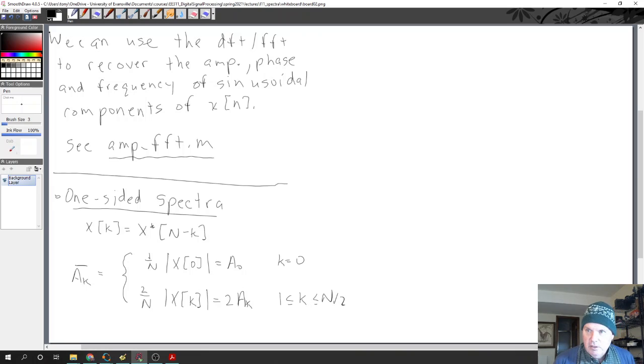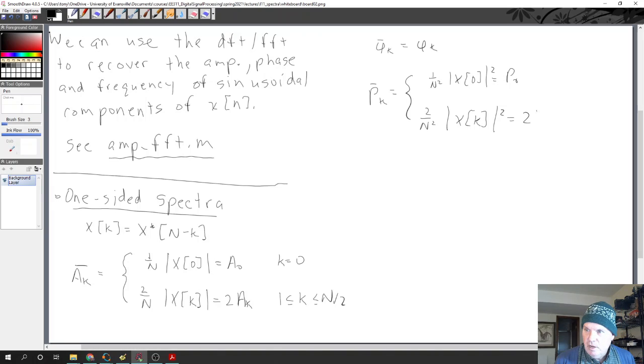Okay. Similarly, the phase angle spectrum for the one-sided spectrum is the same as the two-sided spectra. The powers are different. The 0 component is the same as that for the two-sided spectra, but the other components are all multiplied by 2, so that you can directly read off the power here of the sinusoidal component.